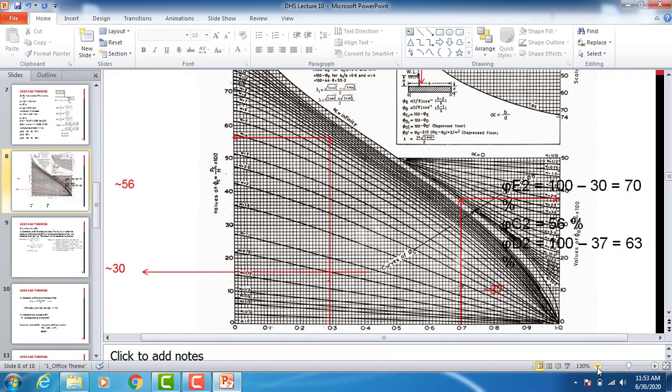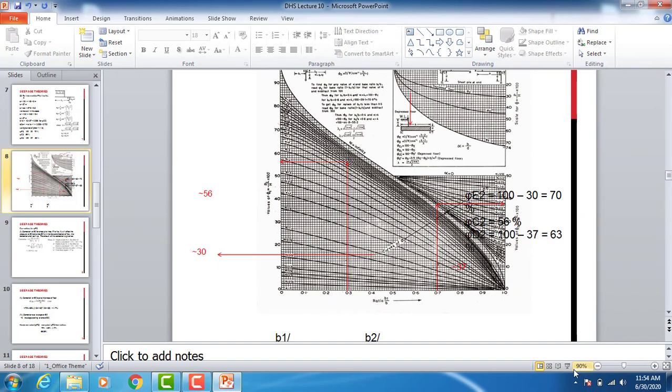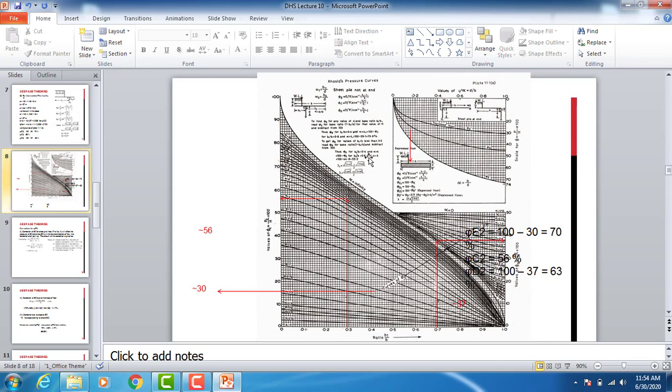Also the value of phi C for B2 divided by B is 30. So using the equations for the intermediate sheet pile, phi E2 is equal to 100 minus phi C, and for phi D2 it is 100 minus phi D. So the value of phi C is 30 using B2 divided by B. So phi E2 is equal to 70%.